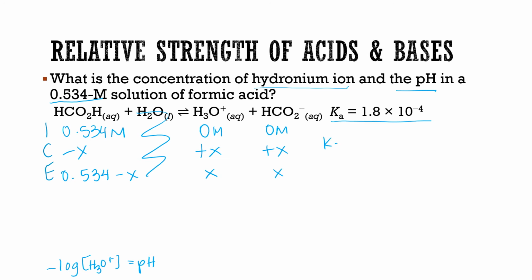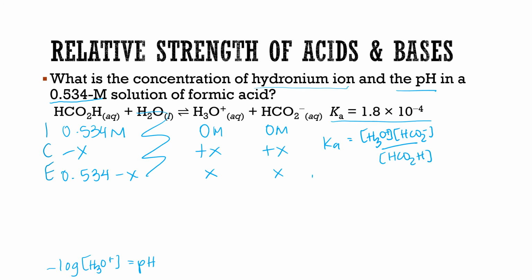Well, Ka is going to equal hydronium times formate ion over the concentration of formic acid.